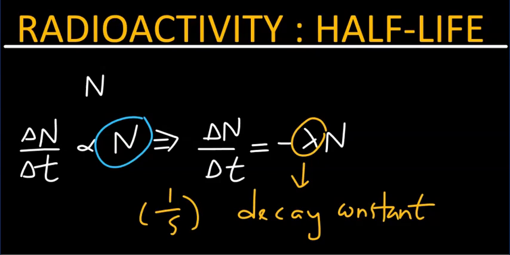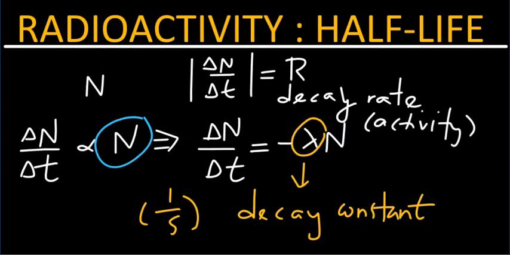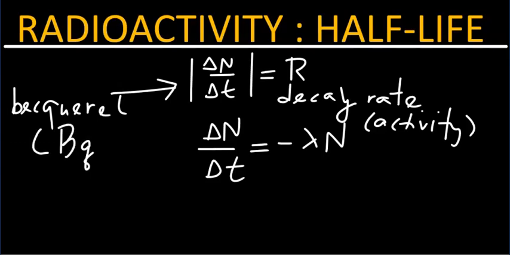We can define the magnitude of this delta N over delta T as the decay rate, or sometimes it's known as activity, of a sample. It is simply the number of decays per second. The SI unit for R is becquerel, with abbreviation Bq.